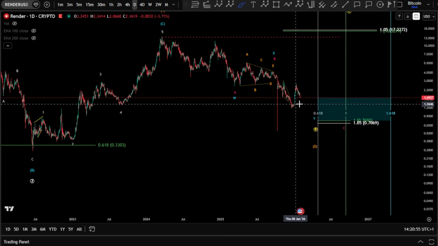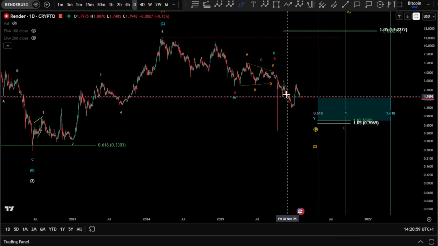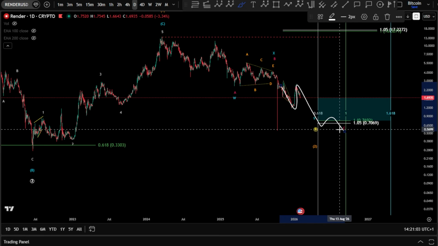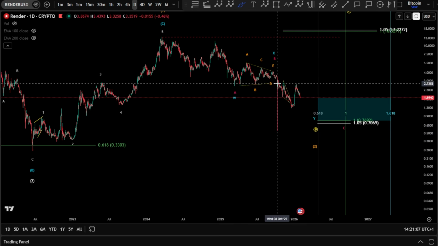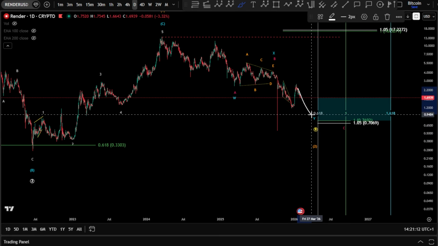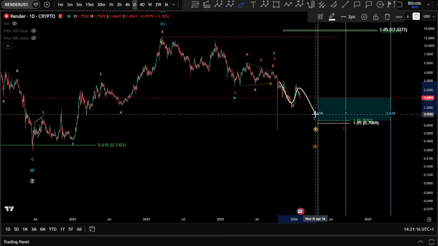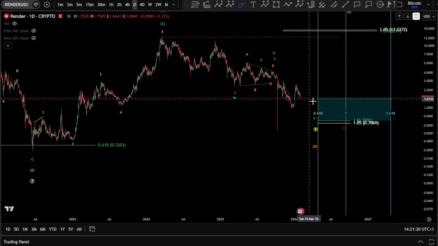That is also a scenario for wave C, that it might be very aggressive, as an impulse 1, 2, 3, 4, and a 5. But this can be very aggressive, and it aims to take the wick there for Rndr. However, in both scenarios, we are looking potentially for an impulse to finish an ABC zigzag, or even a 1, 2, 3, 4, and a 5 in a diagonal.